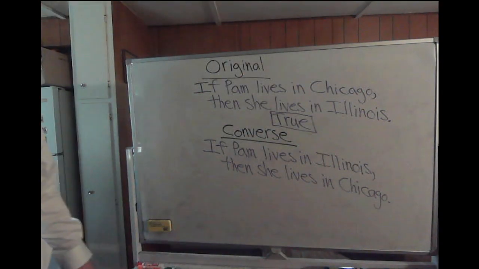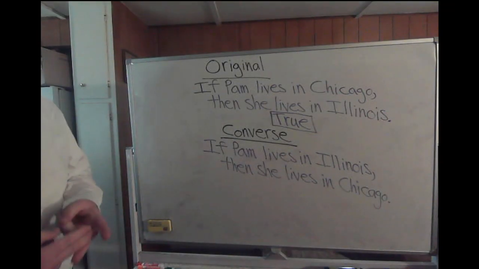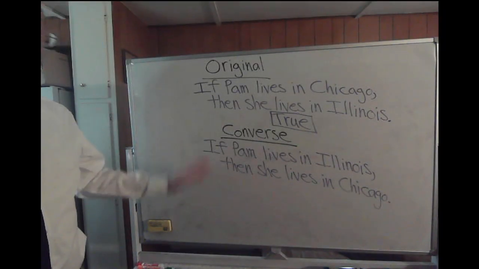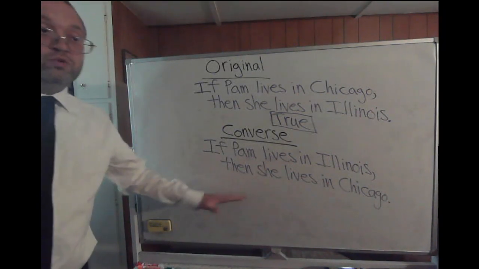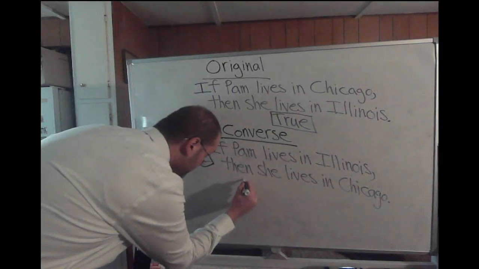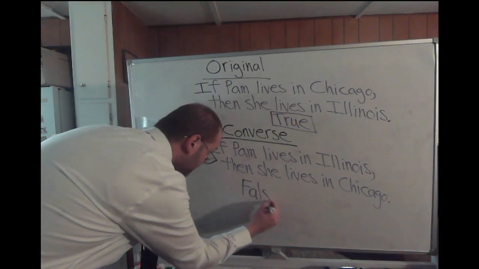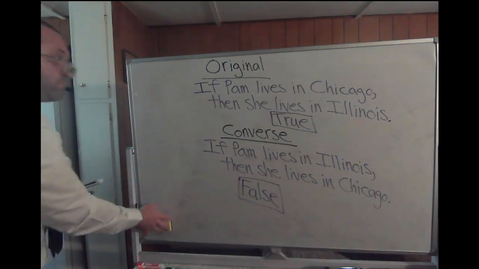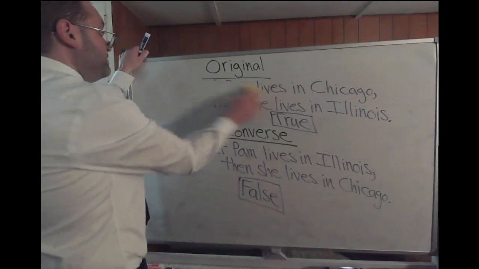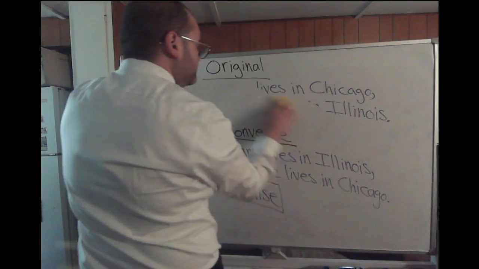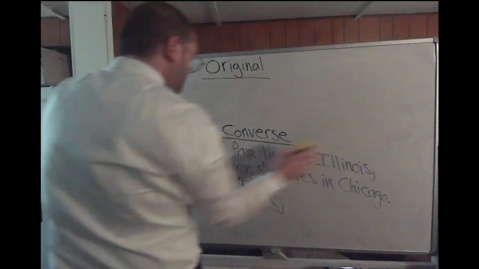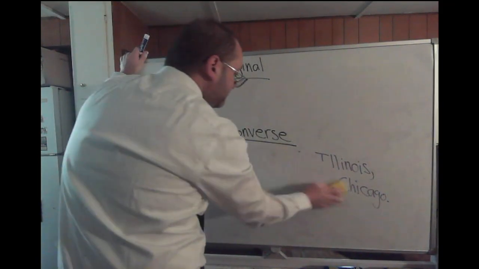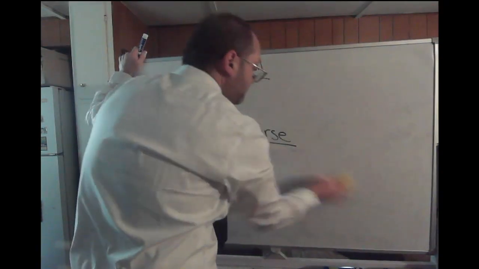Well, she very well could live in Chicago, but there's Peoria, there's Springfield, there's Joliet, there's Urbana, there's so many other cities in Illinois that we don't actually know which city she lives in. So this would be a false statement. We can't guarantee that she lives in Chicago, so this statement is actually false for the converse. So there's that original and converse. So yes, you can apply these statements to everyday life too, not just math. You can apply them to every single day life.